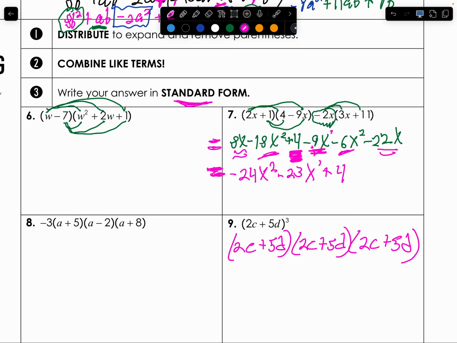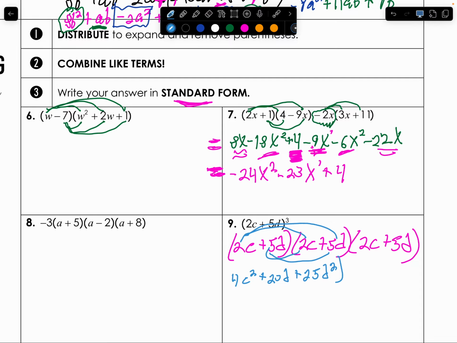So, boom, boom, boom, boom. 2c times 2c is 4c squared plus 10d plus 10 more d plus 20d plus 25d squared. Right?